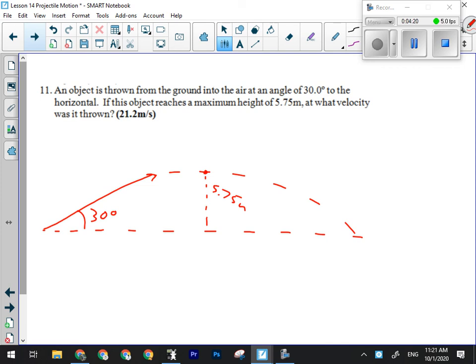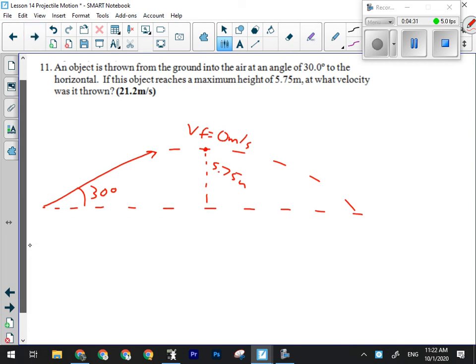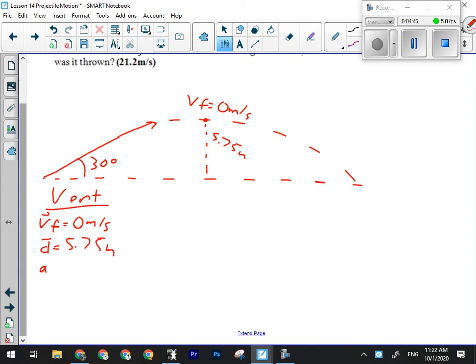I know that at the maximum height, the vertical velocity is 0 meters per second, and that's the key to answering this question, that extra little piece of information it doesn't tell you. We know that VF equals 0 meters per second, the displacement is 5.75 meters, and the acceleration is negative 9.81 meters per second squared.